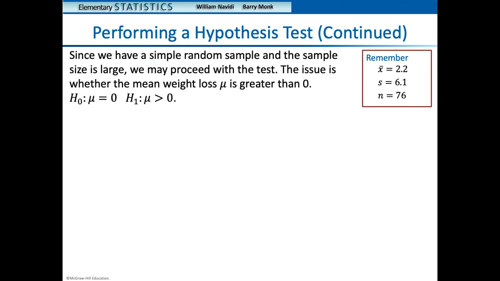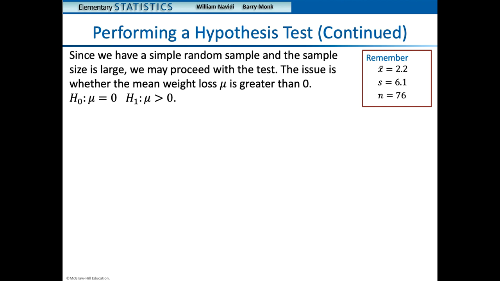So if we go back to our weight loss example, we are told that we have a simple random sample. The sample size was 76, so that's definitely greater than 30. So our assumptions are satisfied, so we can proceed.